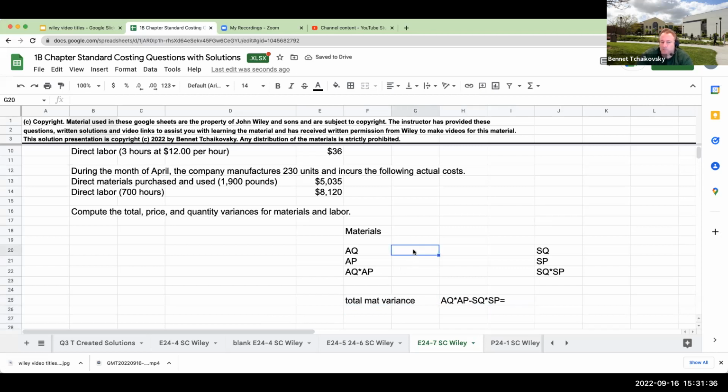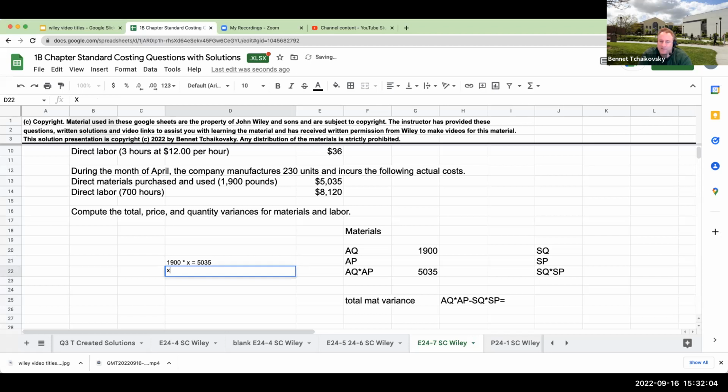So for my direct materials purchased and used, I used 1,900 pounds at a total price of $5,035. What does that mean I actually spent per pound? Well, 1,900 times X is equal to 5,035.